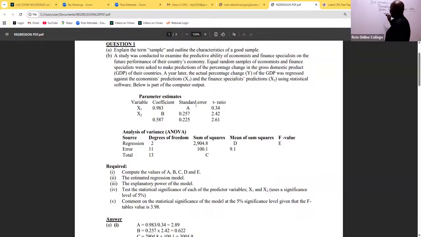Constant is what was missing, and then now we have x1, we have x2. Just allow me to finish copying this down.